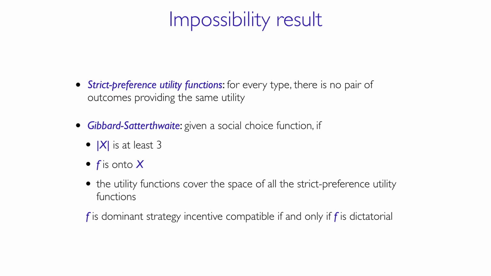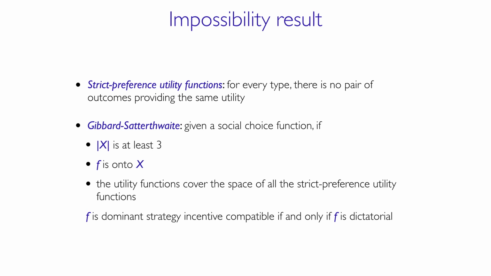These utility functions are such that, for every type, there is no pair of outcomes providing the same utility. In other words, the utility specifies a preference relation that is a strict order over the outcomes for every possible type of the player.